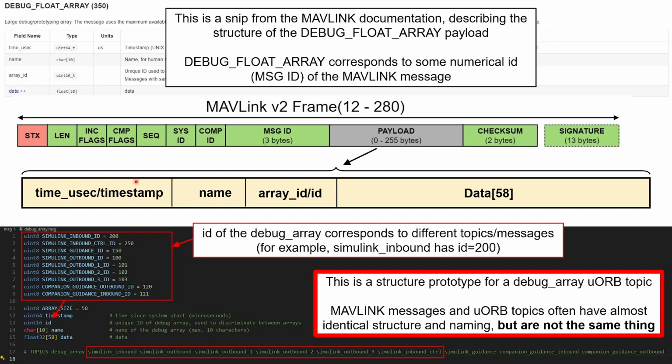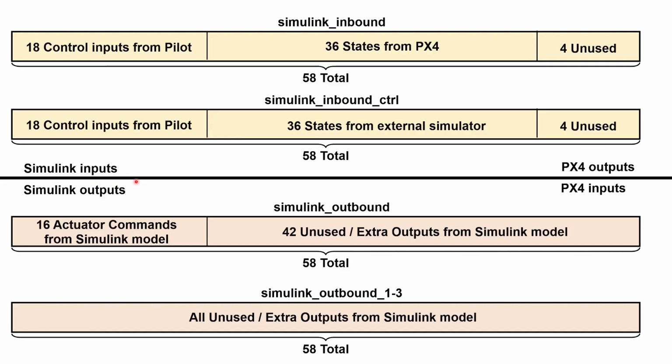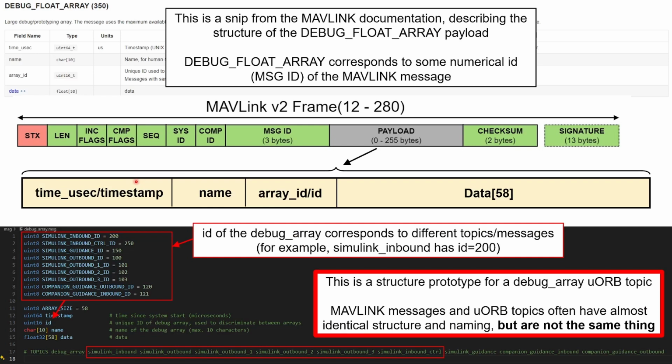All right, so this payload part of any Mavlink message is what we care about, and specifically for all of this internal communication, for all of these messages, we are using the exact same UART topic or message. It's called debug array.message. There's a file which is basically a function data structure template.